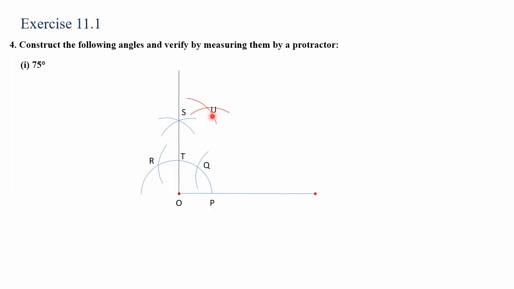Mark the point of intersection of the two arcs as U and join UO, and angle UOP or POU is 75 degrees. While labelling the points, you can use any alphabet, it's not a problem. Since I started from O, it goes O, P, Q, R, S, T. But if you wish to use any other alphabet, you can, it's not a problem. Hope it is clear.